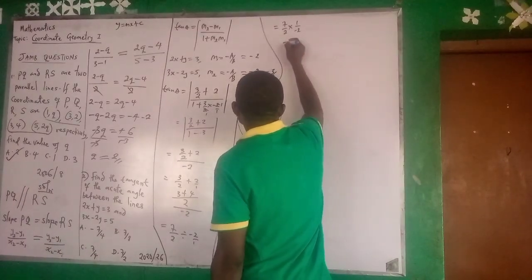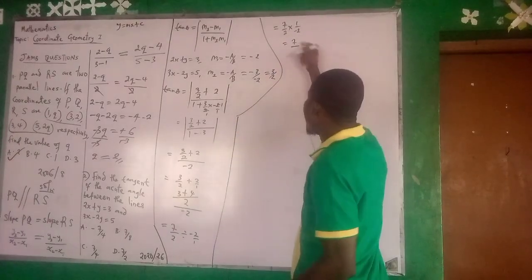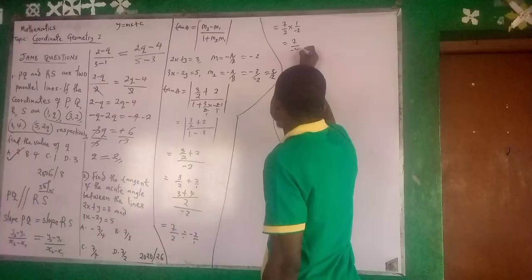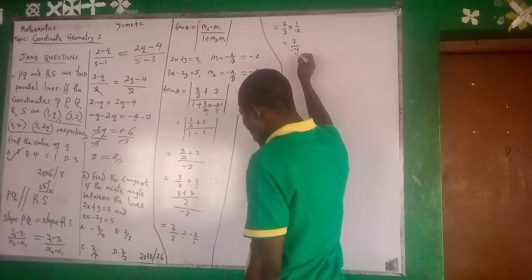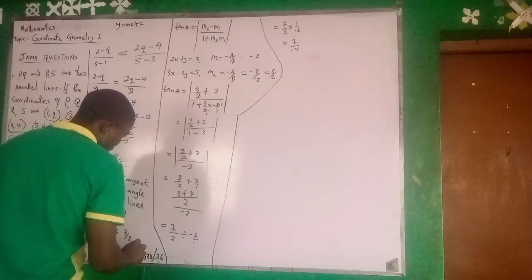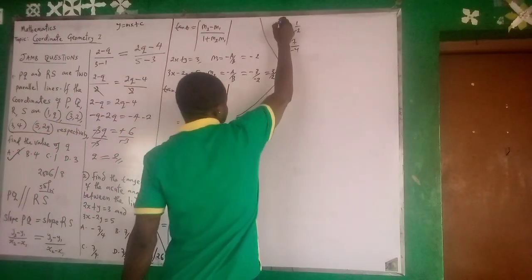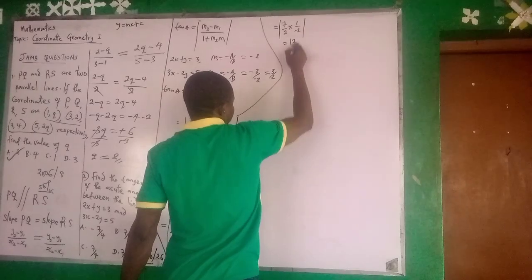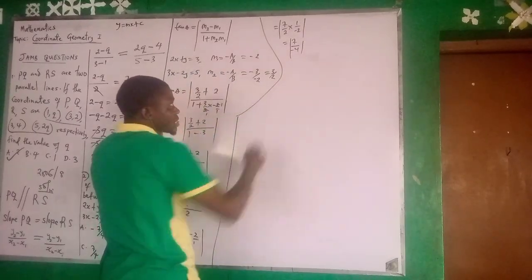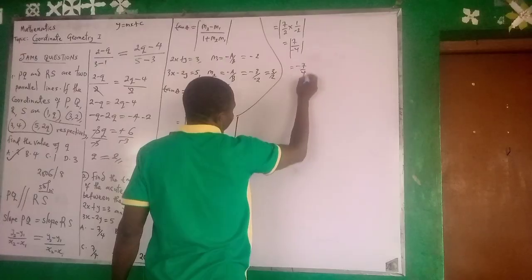Alright, and that will give me 7 times 1 is 7, 2 times minus 2 is minus 4. Remember, all these things have an absolute value, right? Now, mathematically, this can be written as minus 7 over 4.